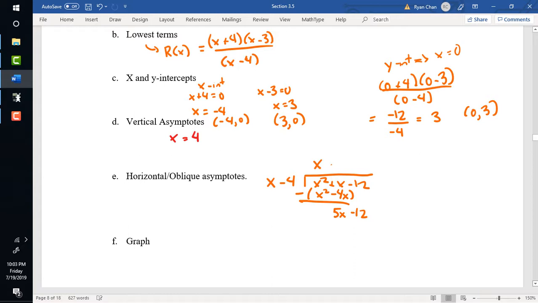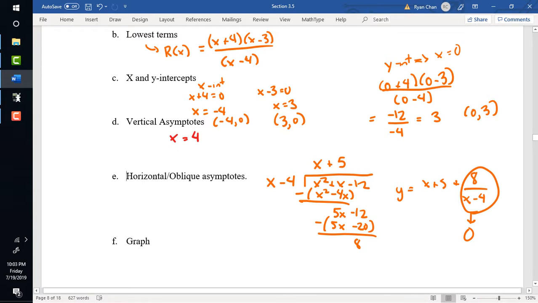So it'll be plus 5. So this is 5x minus 20. Subtract. This is going to be positive 8. So I have y is equal to x plus 5 plus 8 over x minus 4. This will go to 0. Okay. So I have an oblique asymptote at x plus 5.